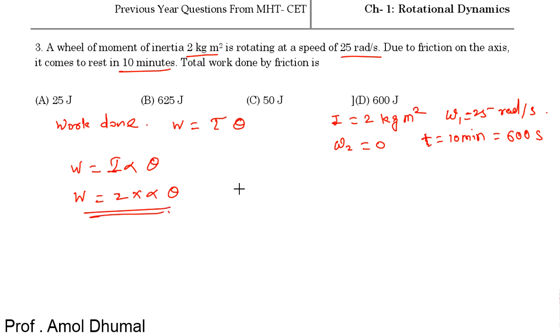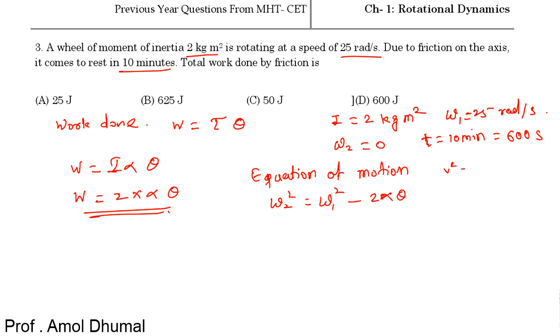Now see, this value of 2 alpha theta we can find out from the equation of motion. We have the equation of motion for angular motion as omega 2 square is equal to omega 1 square minus 2 alpha into theta.